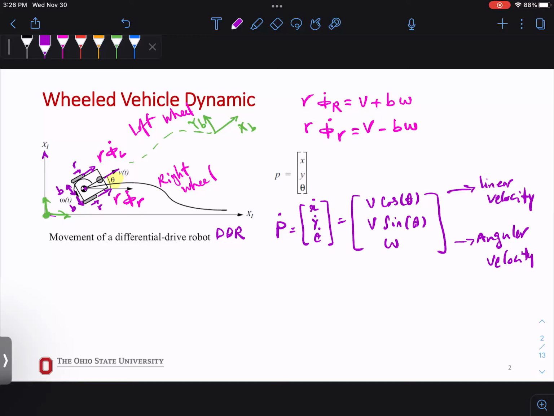Here, we're just going to use Newton: m v dot equals all the forces, and I omega dot equals all the moments. We're going to use the Newton-Euler equations. So I'm going to say there are some tau L and some tau R, right and left wheel torque.